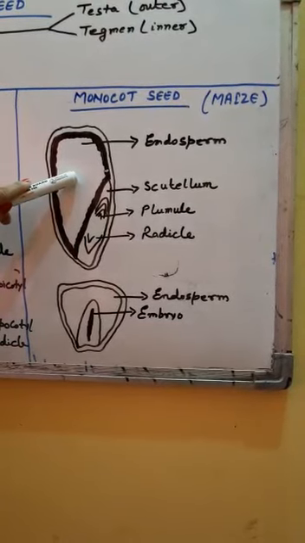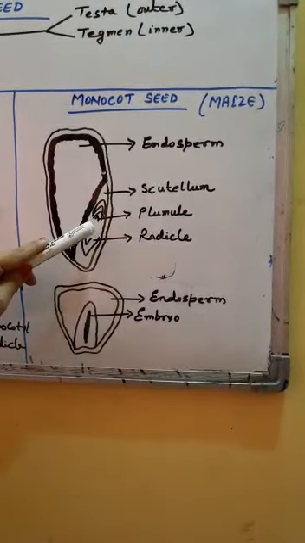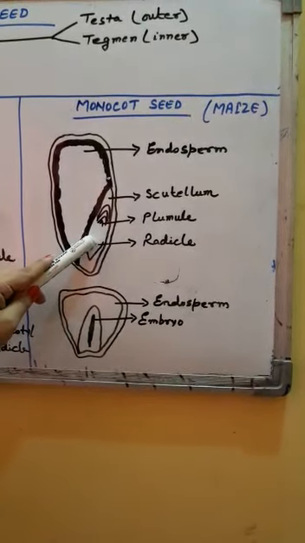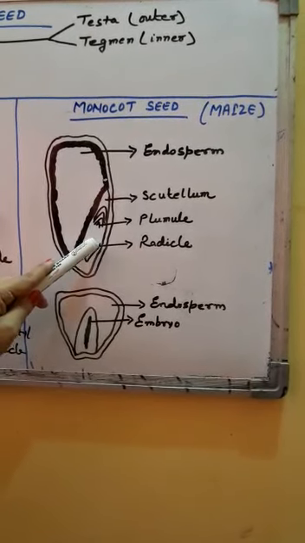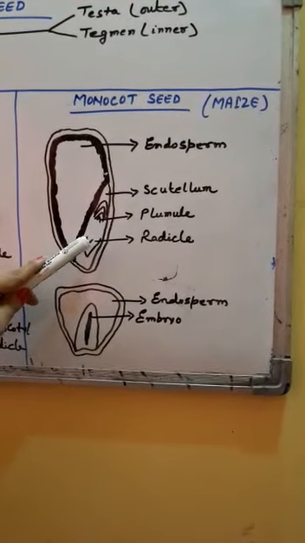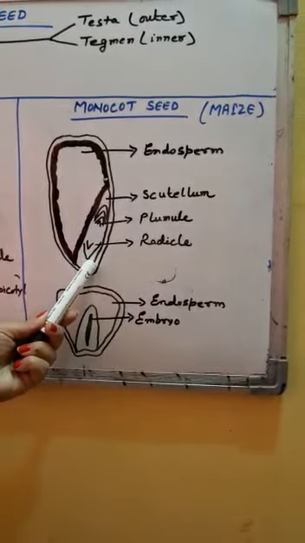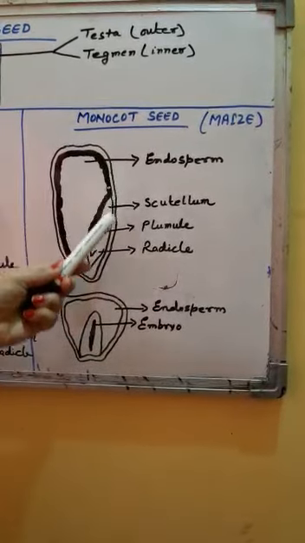The embryo is very small and present in a groove at one end of the endosperm. The embryo has a short axis with plumule and radicle. So this is the structure.